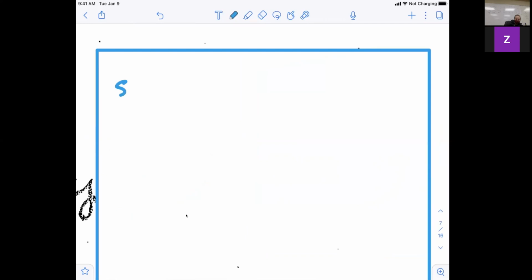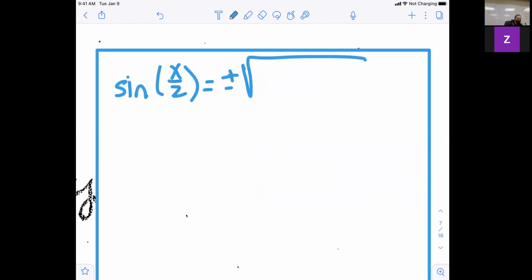So, we're doing half and double angles. We just did sum and difference. We were adding or subtracting angles. Now I'm doing half of an angle. So if I took an angle divided by 2, I would use this formula. We can say plus or minus square root for sine. It's going to be 1 minus cosine of x over 2.